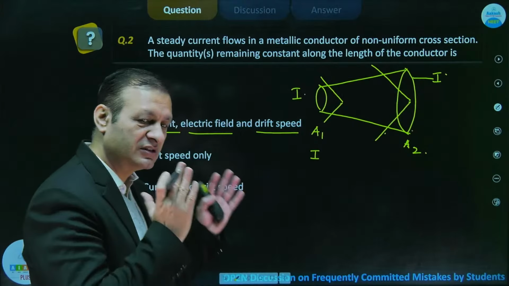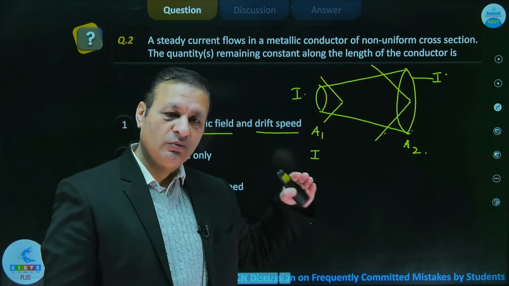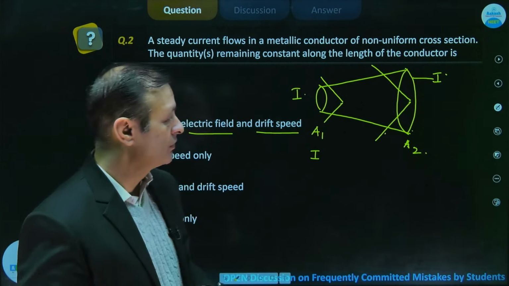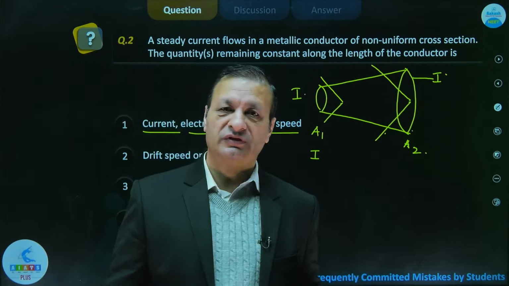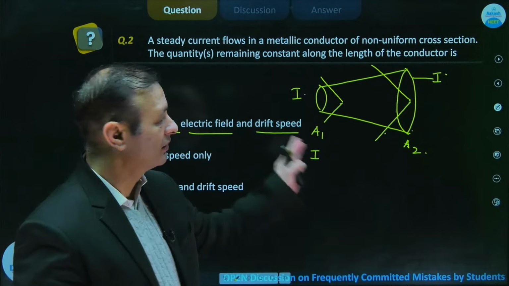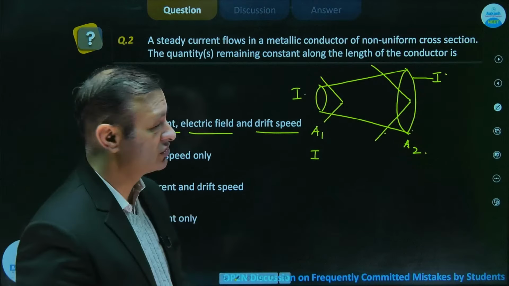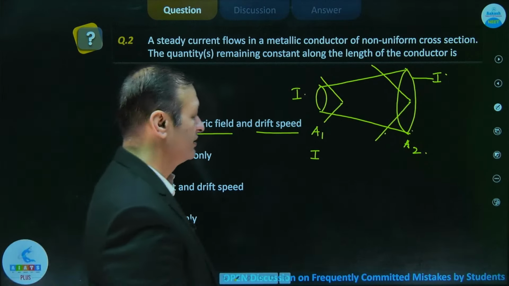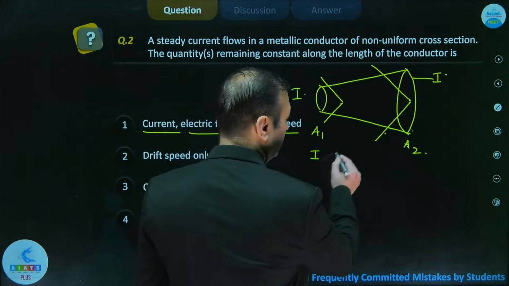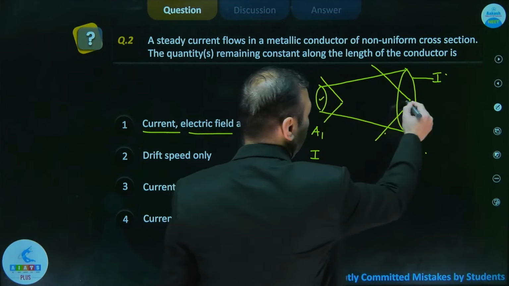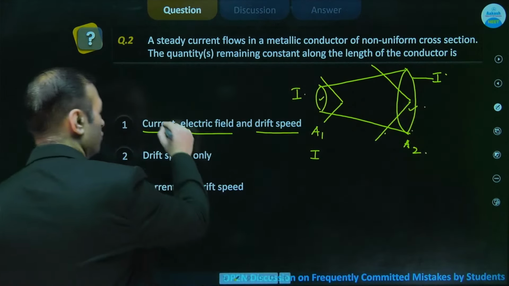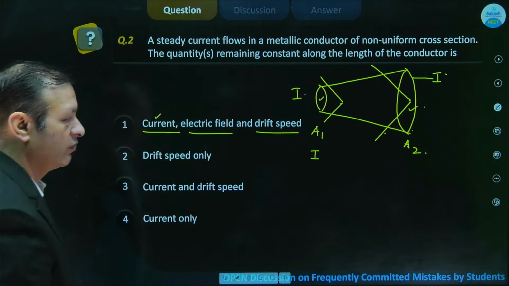You have only one path, one passage. There is no splitting or division of the current. Though uniform cross section is not there, the current will remain the same. So current wise it stays the same.